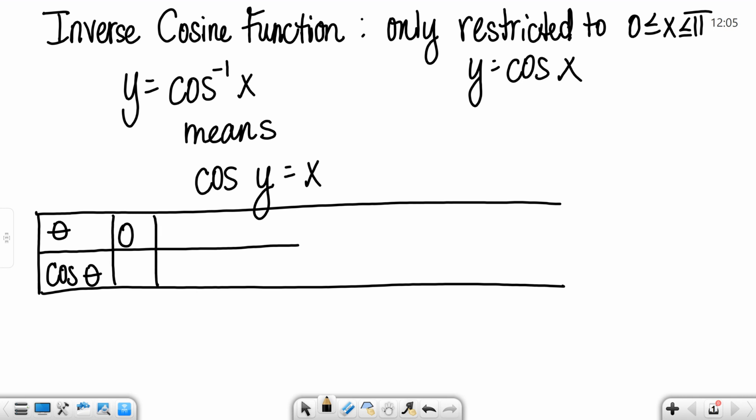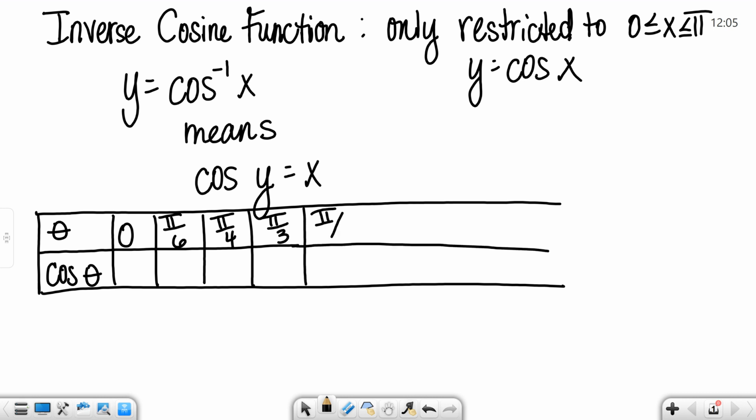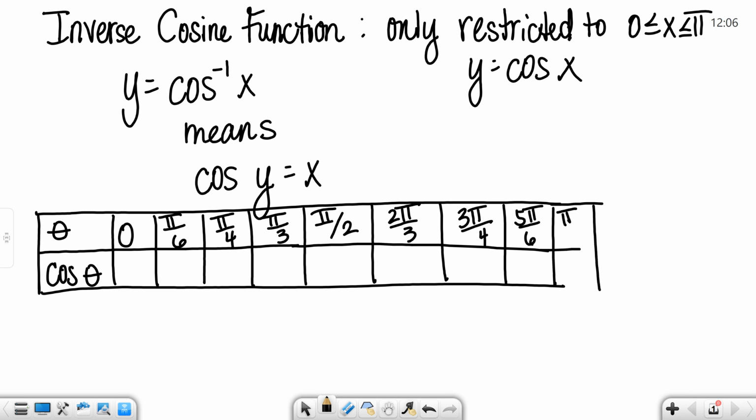And again, we're still using all of those values on the unit circle: 30 degrees, 45 degrees, 60 degrees, 90 degrees. Keep going around our circle until we get to pi, which would be 180 degrees.